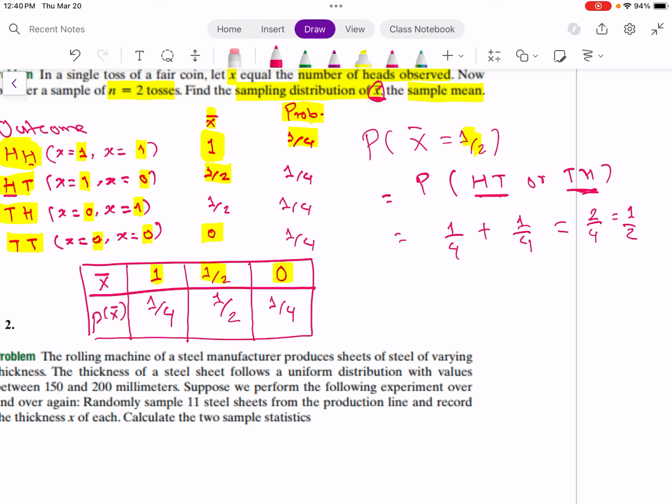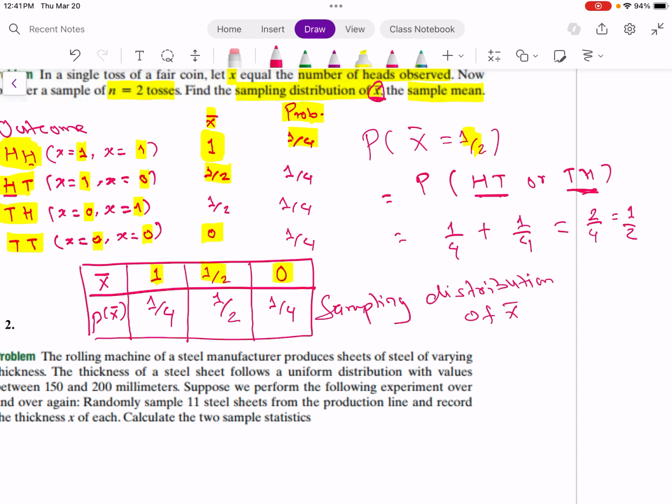And this table is our sampling distribution of x bar. Now, does this sampling distribution meet the two properties of a probability distribution?